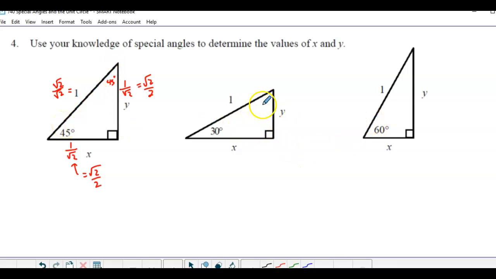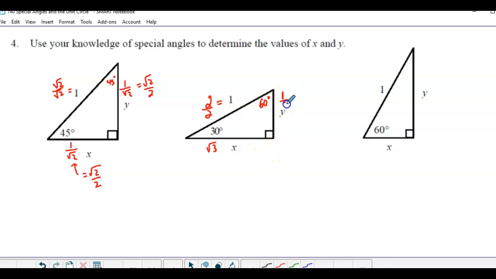If you take a look at the 30, 60, 90, then again, before we had the hypotenuse of 2, this leg is 1, and this was root 3. Okay, and so now if we want this to be 1, we'd have to divide by 2.